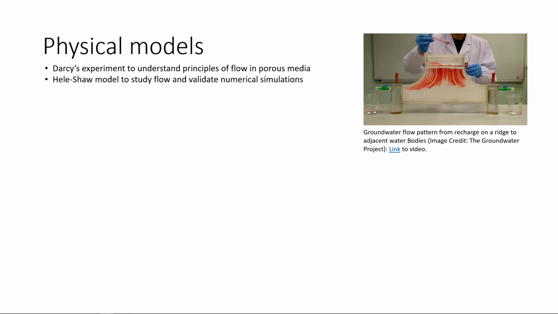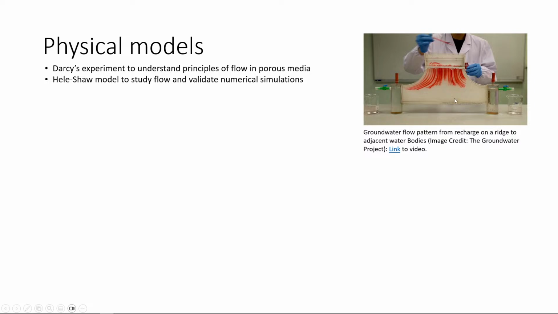Another example, as you see in this picture, is the Hele-Shaw model. So basically you can think of this as an aquifer, and this is two rivers. You can think of this as an island, for example, that's surrounded by two rivers here.